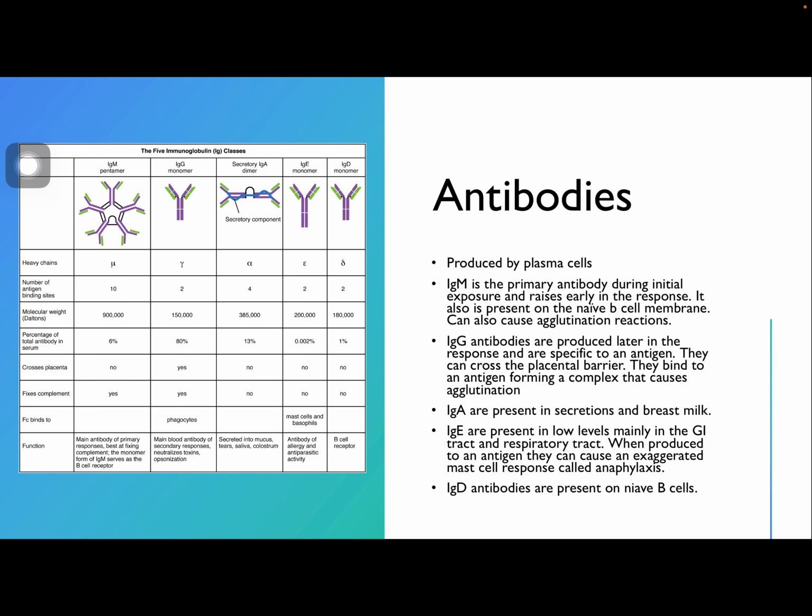These are antibodies. We talked a lot about what antibodies do, and let's look at the types of antibodies there are. So you have 5 antibodies. The two on the left, IgM and IgG, are the primary ones we make in response to an antigen. You can see the IgM is very large.